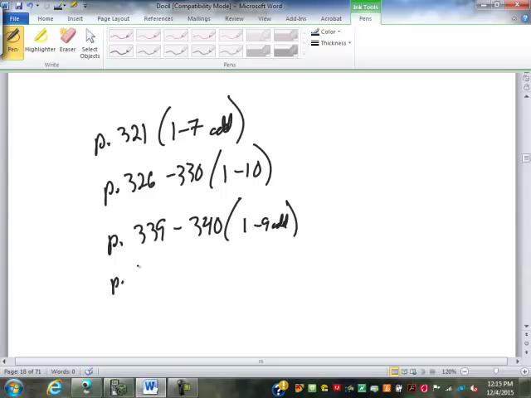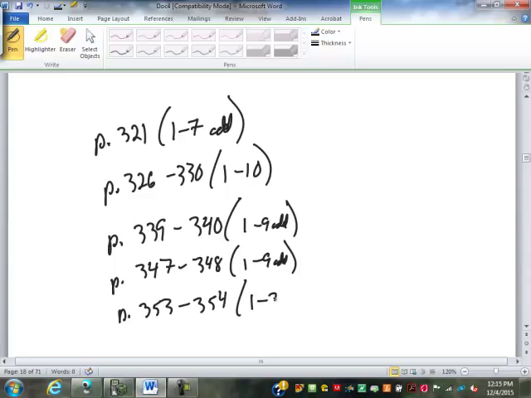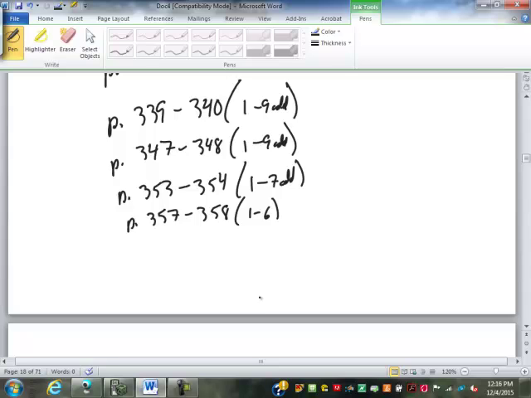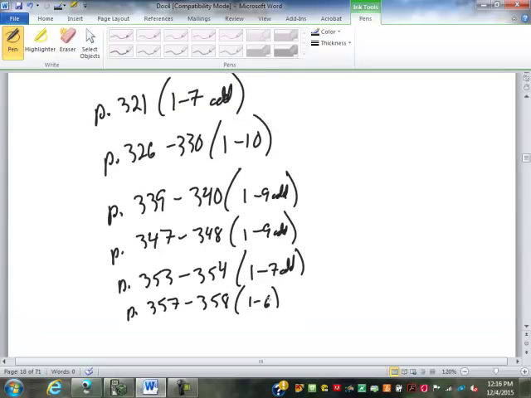Yeah, I know, it keeps going. 347 through 348, 1 through 9, the odd. 353 through 354, 1 through 7, the odd. 357 through 358, 1 through 6. And I believe it's 359.